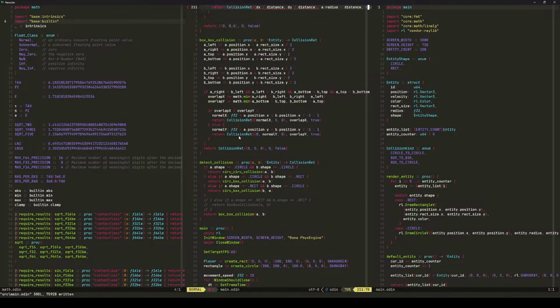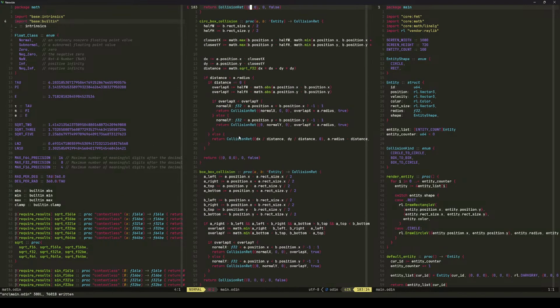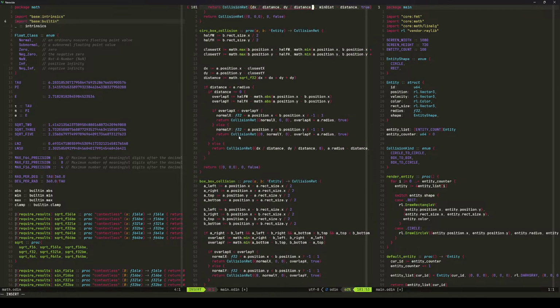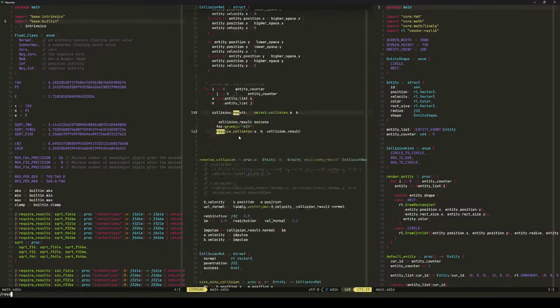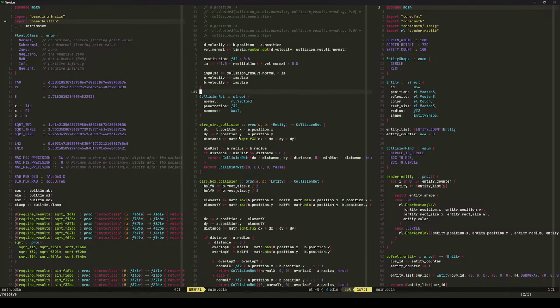Oh my god. Lots of iterations and then resolve, right? Okay, now it's much better. I don't have to keep on converting this weird thing.